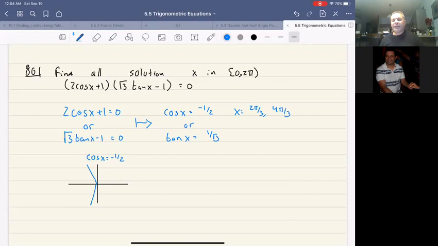Now, tan x equals 1 over root 3. Okay, again, I'm going to draw that. Now, that's going to be in the first quadrant or the fourth quadrant, right? And here, again, the sine is going to be less than the cosine.